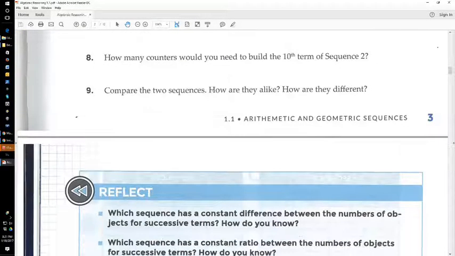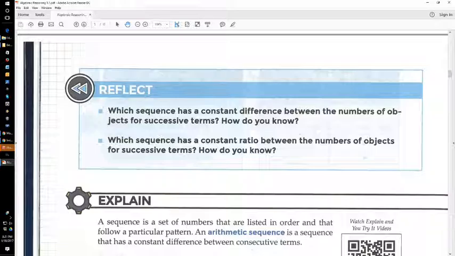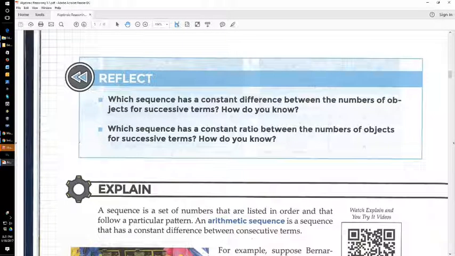Let's go to the next page where it says reflect. All right, this is kind of an important part. It says, which sequence has a constant difference between the number of objects? Well, I know you can say that both of them were kind of consistent.